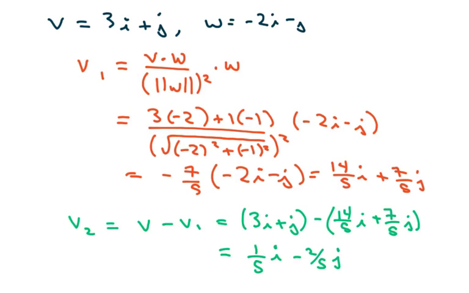And the last one we have is this one here. We have V equals I minus 3J.